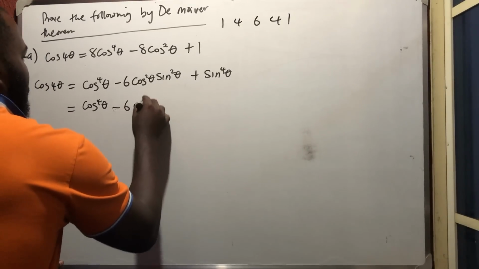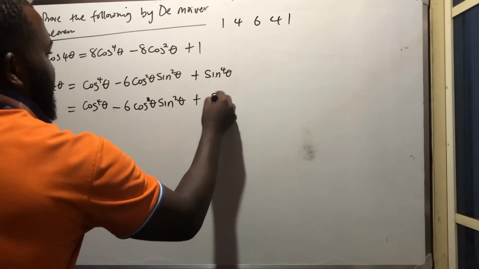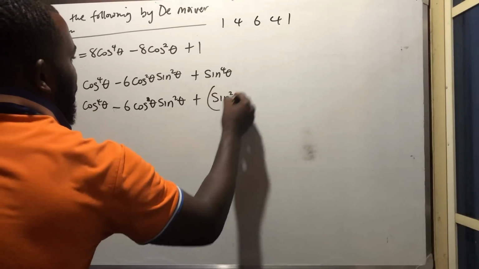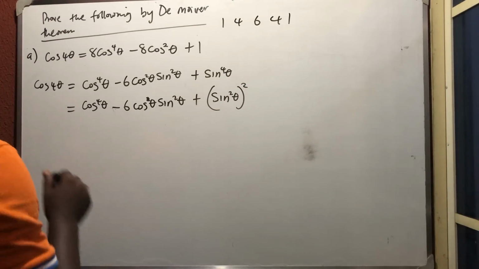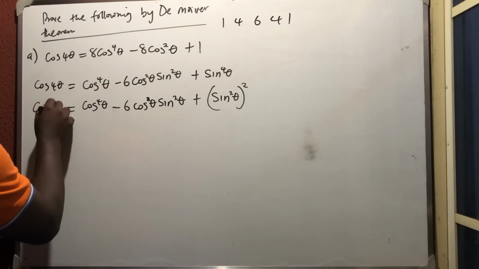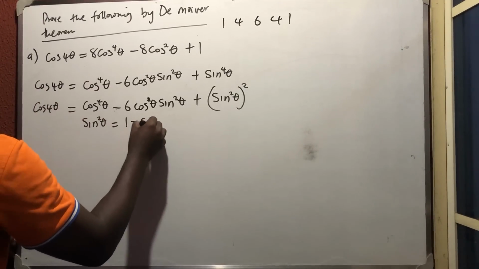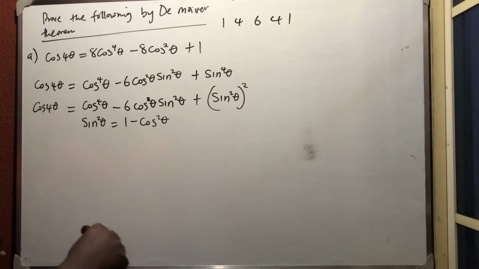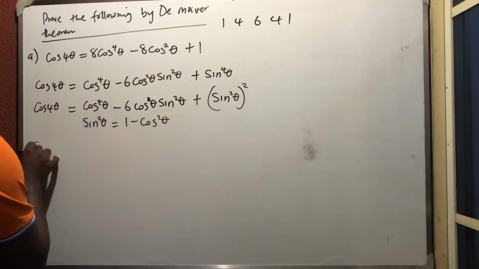This one will give me this. Why did I get this like this? It is because I know that sine square theta is written as 1 minus cos square theta, okay, according to trigonometry. So anywhere I see sine square theta, I'm going to put this. So let me bring this one down.